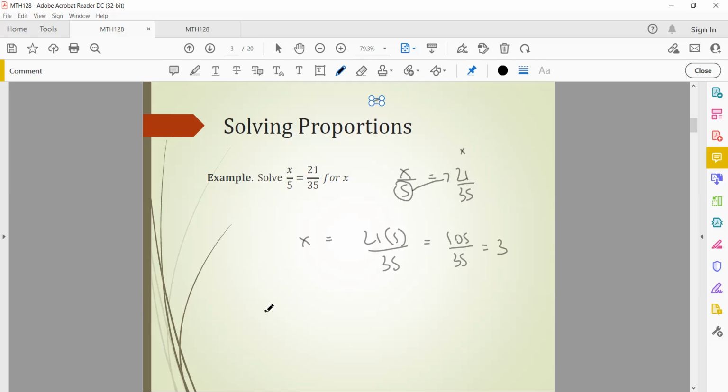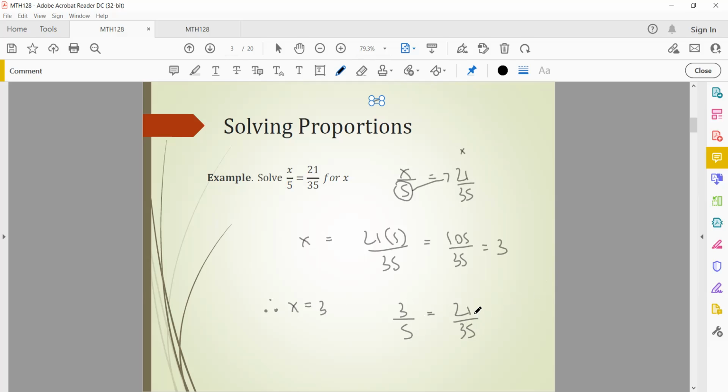So for your therefore statement, you could just say, therefore, x is equal to 3. Or sometimes people just write out the whole proportion. So you could say 3 over 5 equals 21 over 35. And this one's pretty easy to confirm as being true because you could just take the 21 over 35 and reduce it.